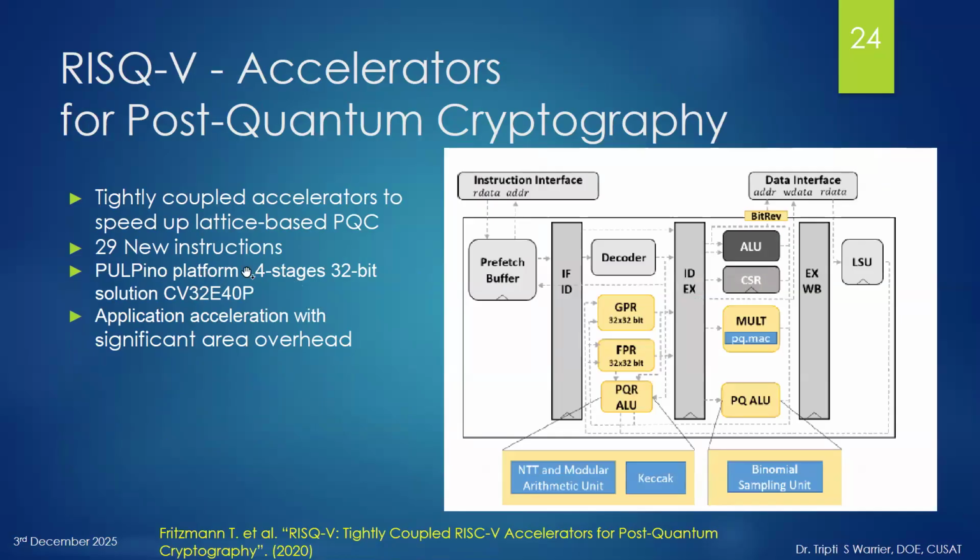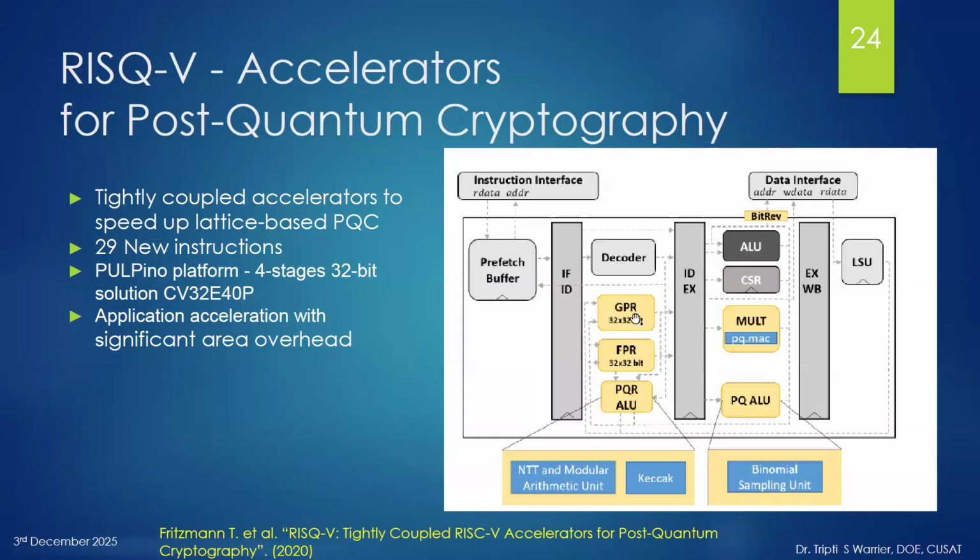It is using another open source core. PULPino is a platform available, and the core is a four-stage 32-bit core. CV32E40P is a core available, and this particular work has 29 new instructions to speed up post-quantum cryptography, PQC.